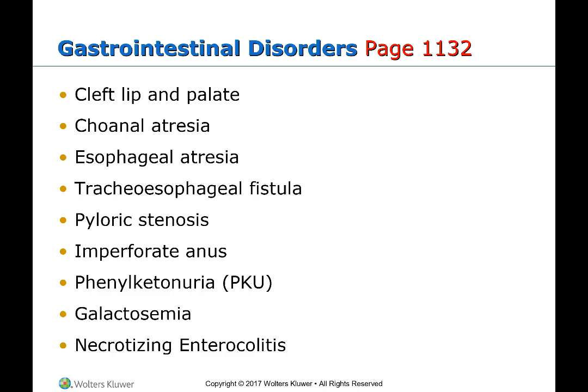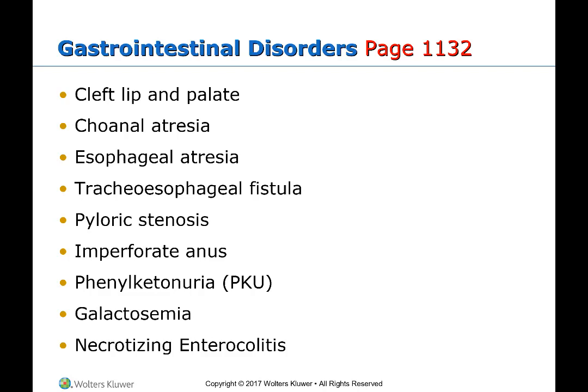We have another one. This is even more dangerous. This one says tracheo, so we know trachea. Trachea is below the larynx. It goes down into the lungs, goes to the bronchioles and then into the lungs. When we talk about the esophagus, that goes to the stomach. If there is a fistula, or a tube, between the trachea and the esophagus, would that mean that if the baby was, let's say, nursing, this milk would be going over from the esophagus into the trachea and into the lungs?